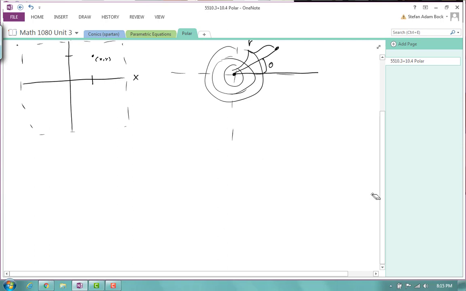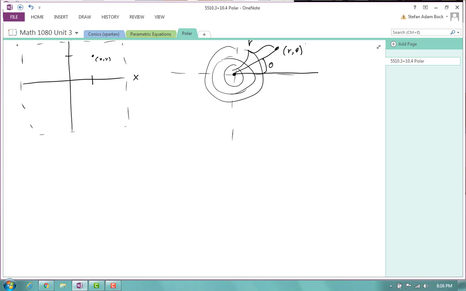Now, again, we've had some exposure to this already, so I should have said here that this is the point r, comma, theta. We typically represent those with the r, or the distance, also called the modulus or magnitude, first, and then follow that with the angle.